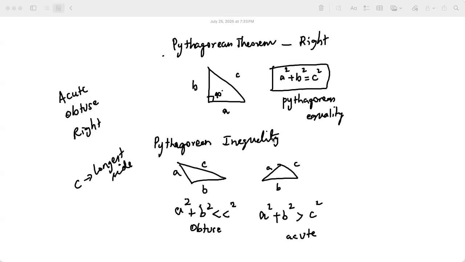Oh, we are only talking about the angles, right? Equilateral means, see, there can't be any equilateral right triangle, right? Wait. See, equilateral means it becomes an acute triangle, right? Dhruv, we are only trying to determine acute, obtuse, and right triangles.